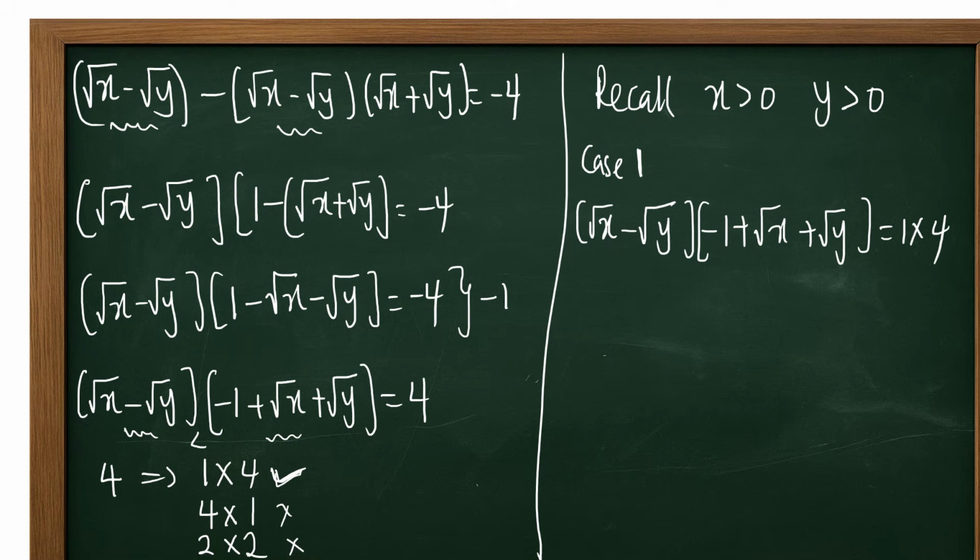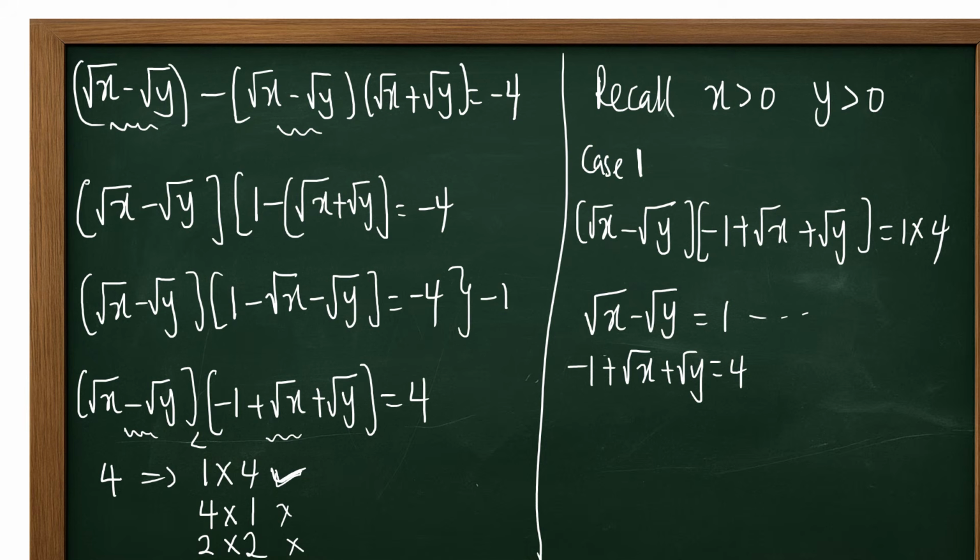That is, here we can have the square root of x minus the square root of y equals 1. And also we can have negative 1 plus the square root of x plus the square root of y equals 4.